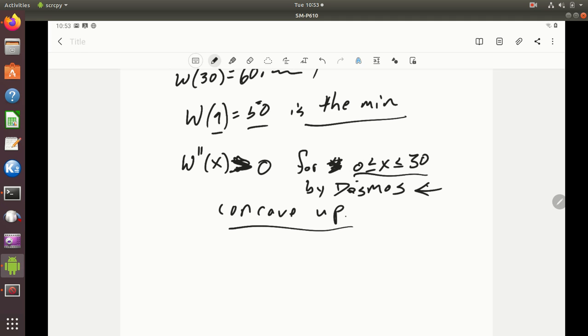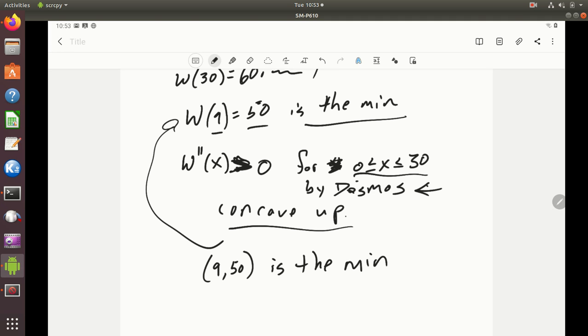So I see that it's concave up, and I can circle back and talk about how (9, 50) is the min. Okay, that's the point at which the minimum happens. Okay, so there we go, and that is example 4.